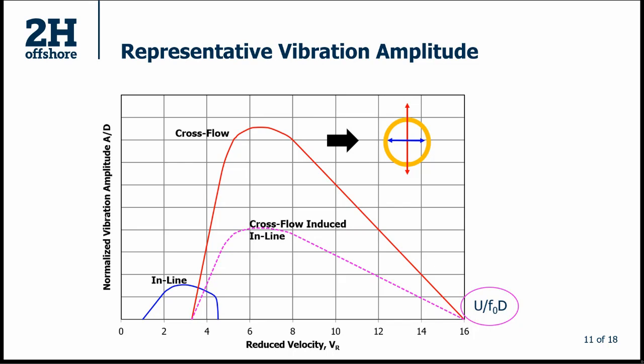So they occur for different current speeds. Inline VIV is the first one to occur. You can get inline VIV for reduced velocity anywhere from 1 to about 4. Whereas your cross-flow VIV starts at around a reduced velocity of 3.